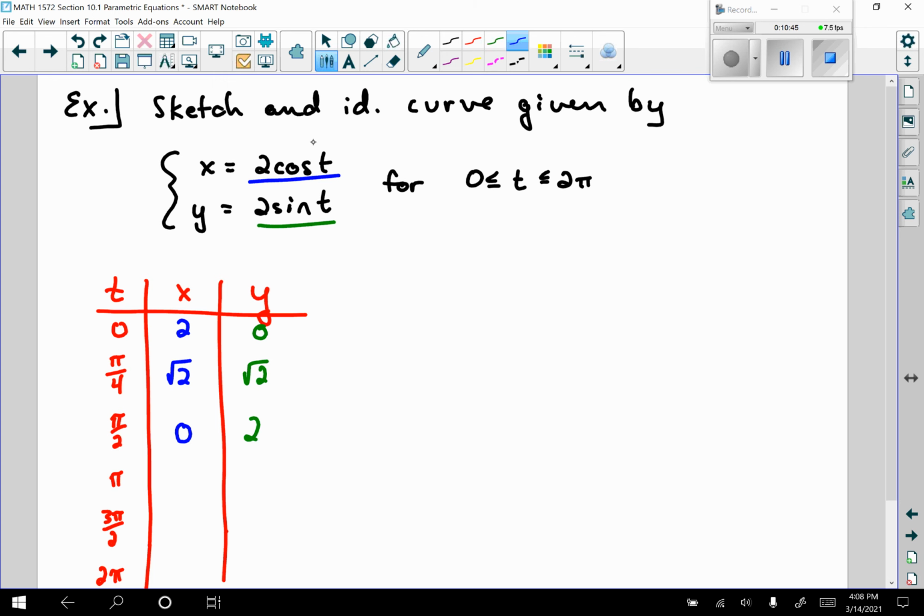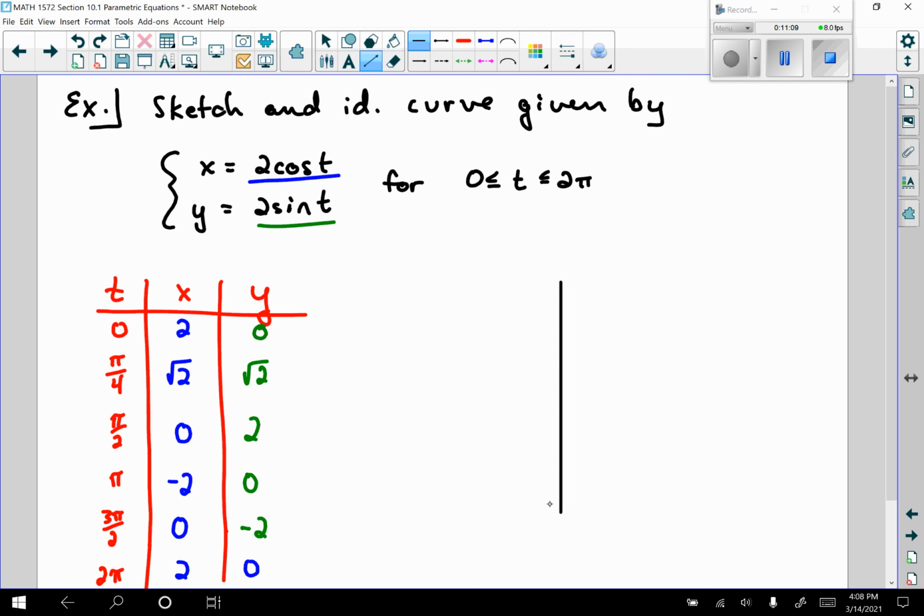Cosine of pi is negative 1, so negative 1 times 2 is negative 2. Sine of pi is 0. Cosine of 3 pi over 2 is 0. Sine of 3 pi over 2 is negative 1, so we'll get a negative 2 here. And then 2 pi is the same as 0, so we're back to having that 2, 0 there. All right, so again, we want to plot the points x, y.